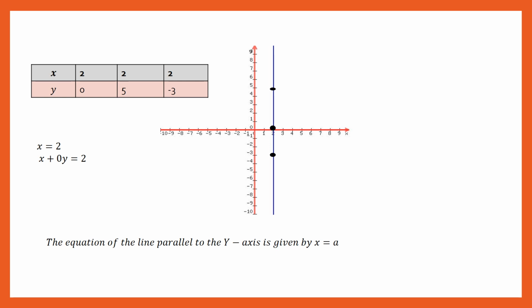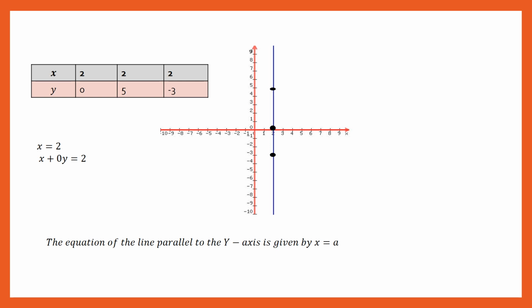That is (2, 0), (2, 5), (2, -3) and so on. Plot these points on the graph paper. We can see a straight line which is parallel to the y-axis.